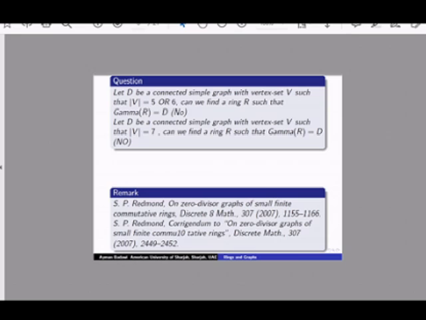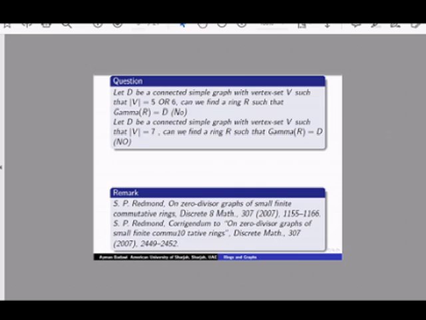So you give me a graph, and then I should tell you if there is a zero divisor graph that will give me what you gave me, or I can tell you no, there is no such ring where the zero divisor graph will be the graph you gave me.